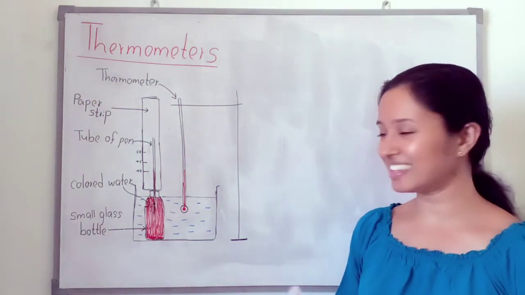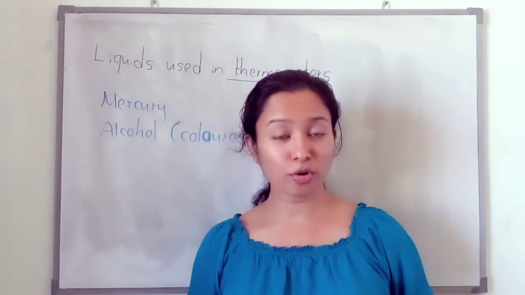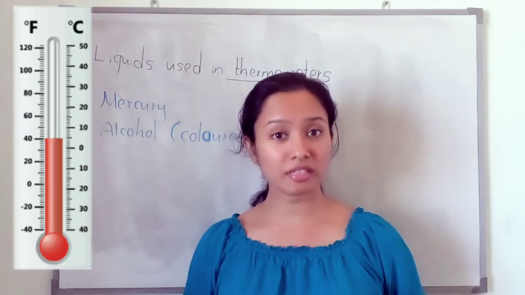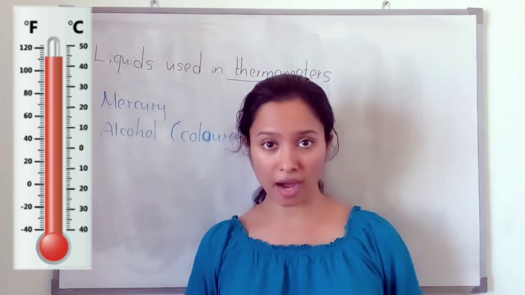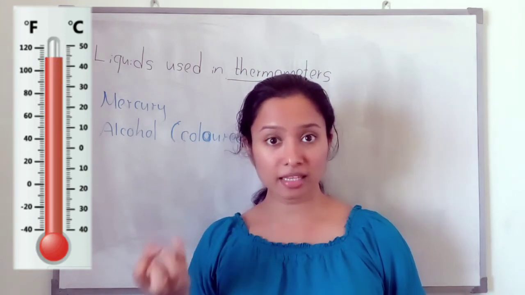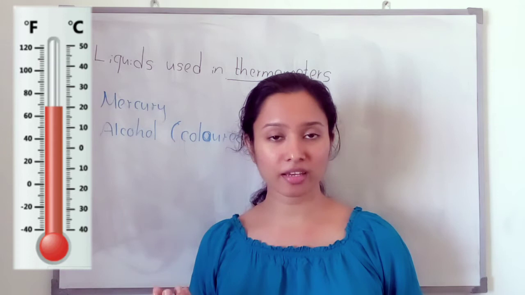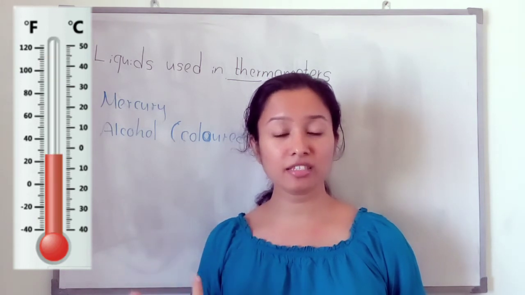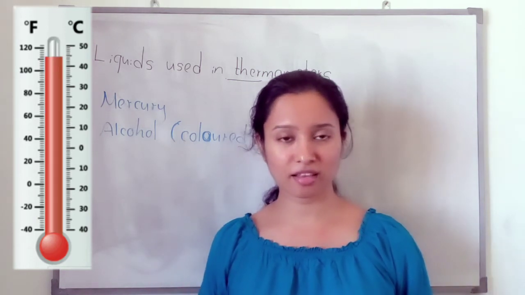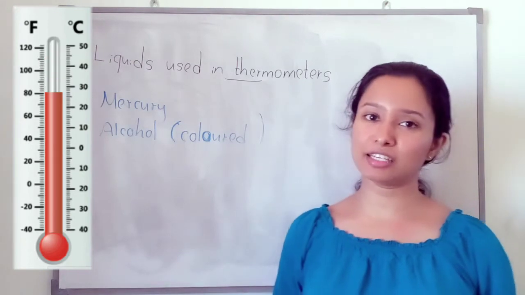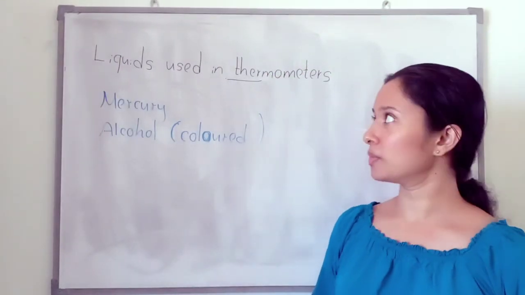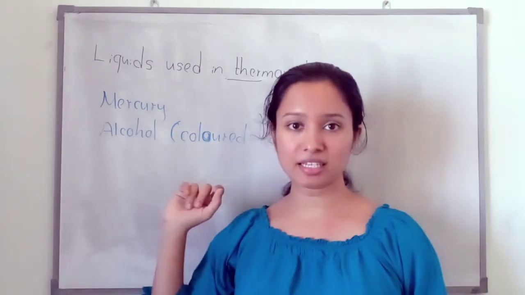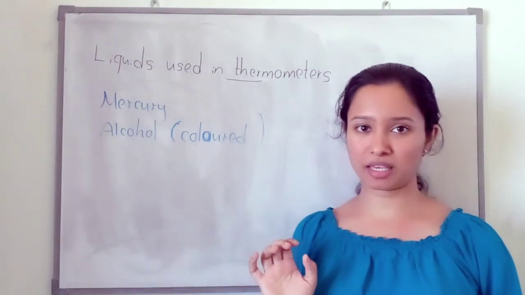Do you know what liquids are used in thermometers? In thermometers, there is a bulb, and in the bulb, there is a liquid. What are the liquids used for these thermometers? Mostly, mercury is used in most thermometers.